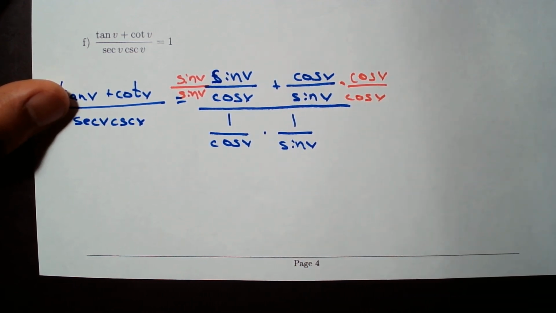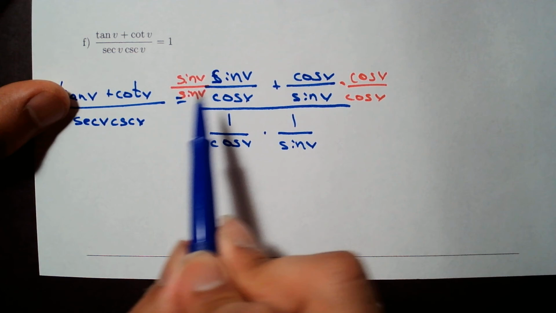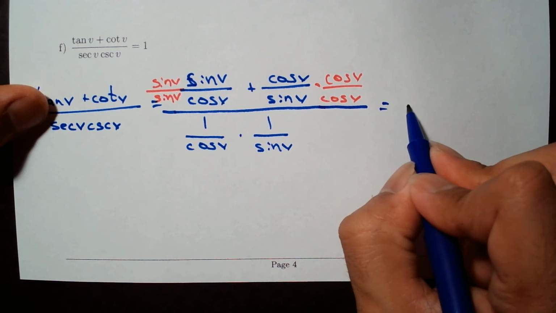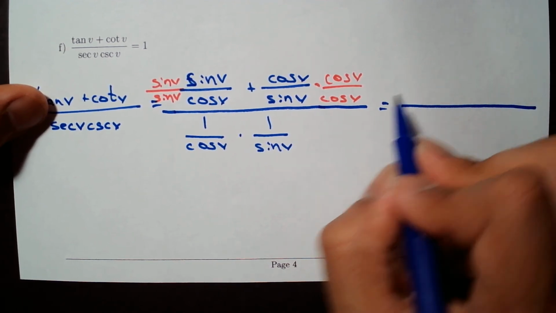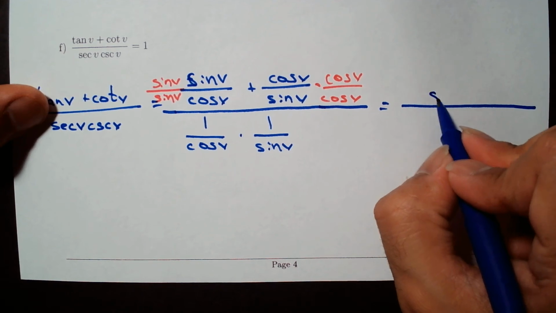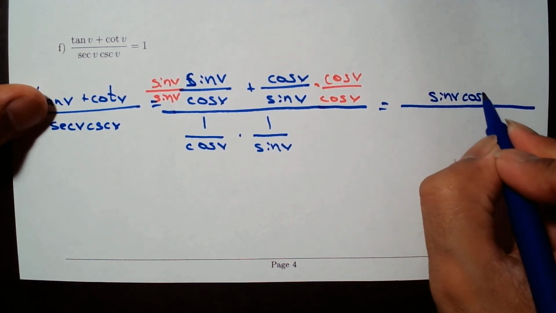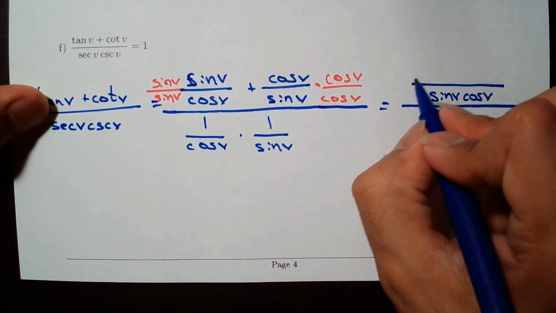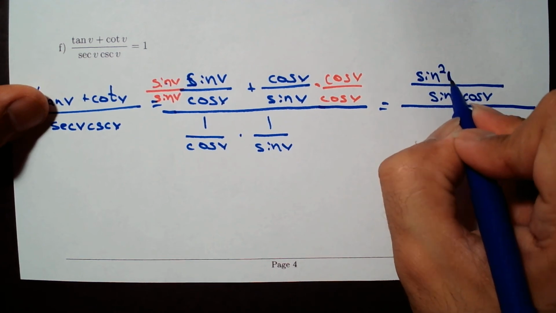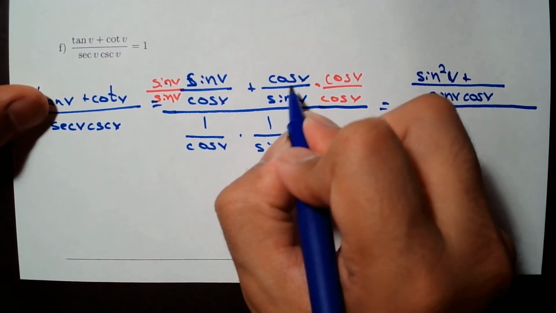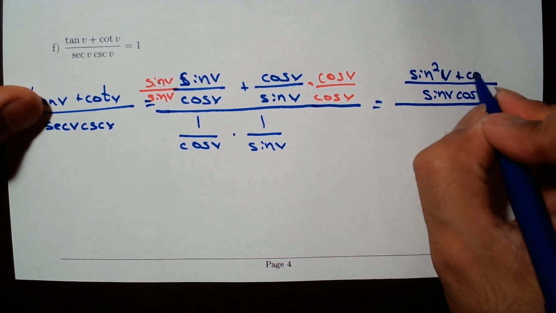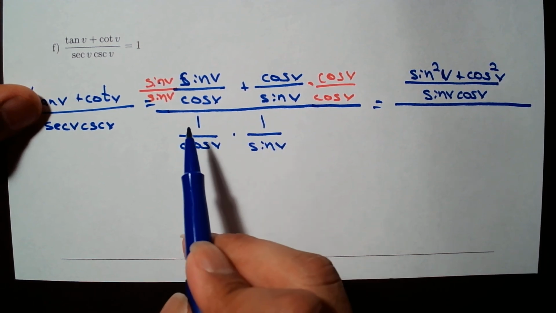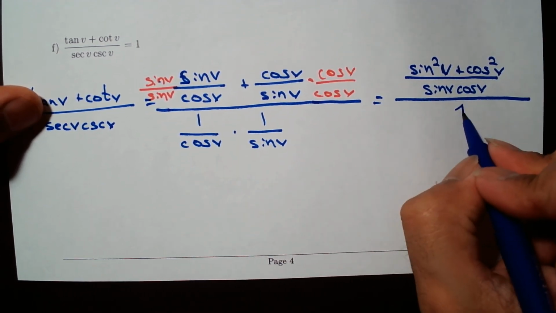This will become a new fraction in which the denominator is sine theta cosine theta. And the numerator is sine times sine, that's sine squared theta, plus cosine times cosine, that's cosine squared theta. And in the denominator of the big fraction, I'm going to multiply across 1 times 1, that's 1.